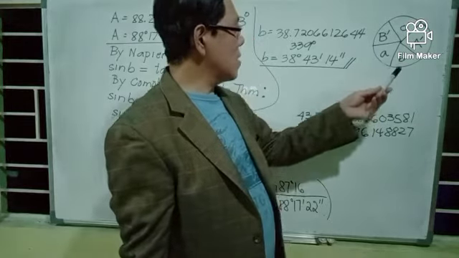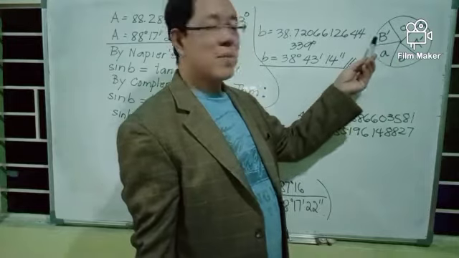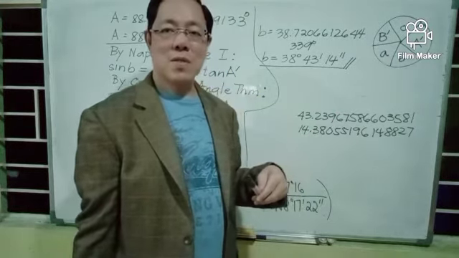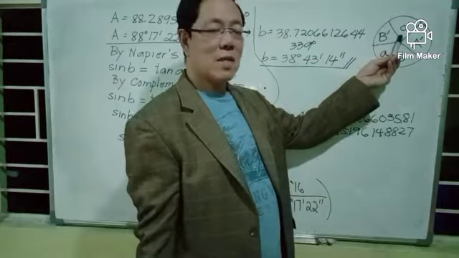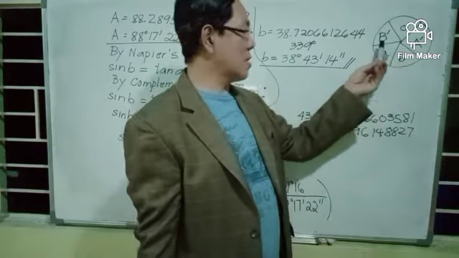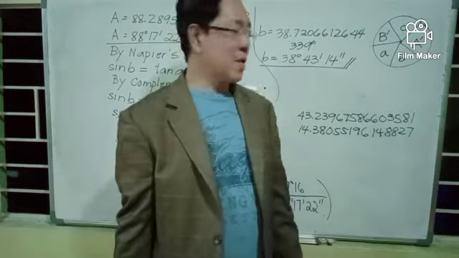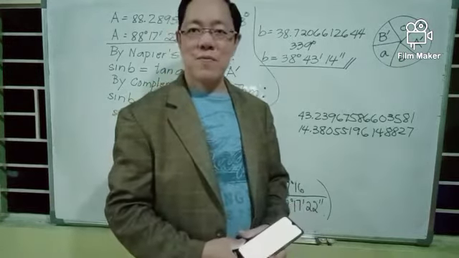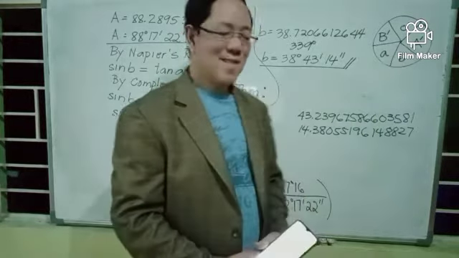We also found capital A and capital B is given, so you can also use Napier's rule number 1 that says the sine of the middle part is equal to the product of the tangents of the adjacent parts. I will use Napier's rule number 2 to write the equation from which we can find small c.